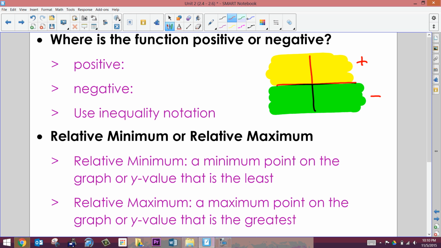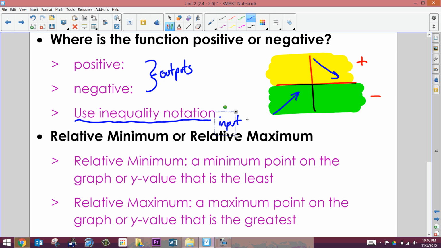Some examples you could have is a decreasing value, but it's positive, and you could also have an increasing function that has negative values. So the positive and negative has to do with the outputs. But again, we are always expressing it in terms of where it happens in the graph, and it has to do with the inputs, the x's. Okay, and we'll show examples of this.